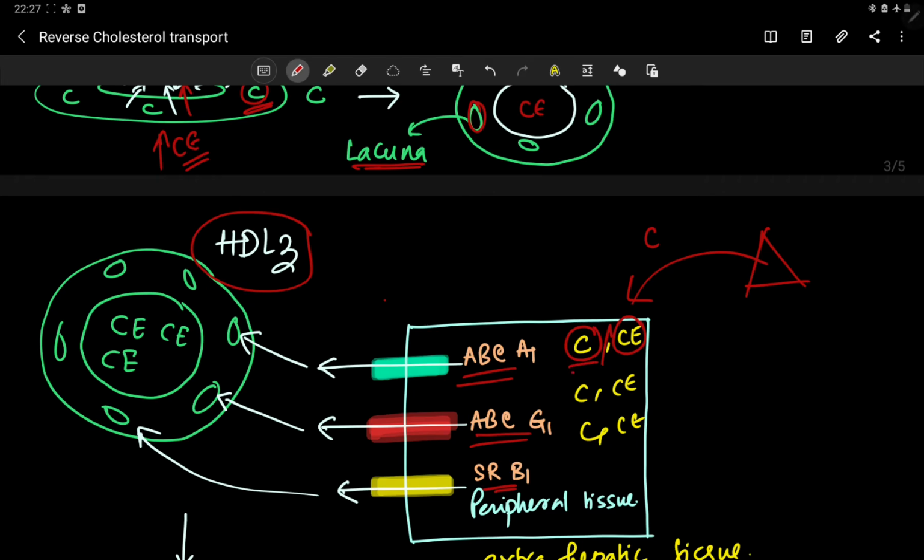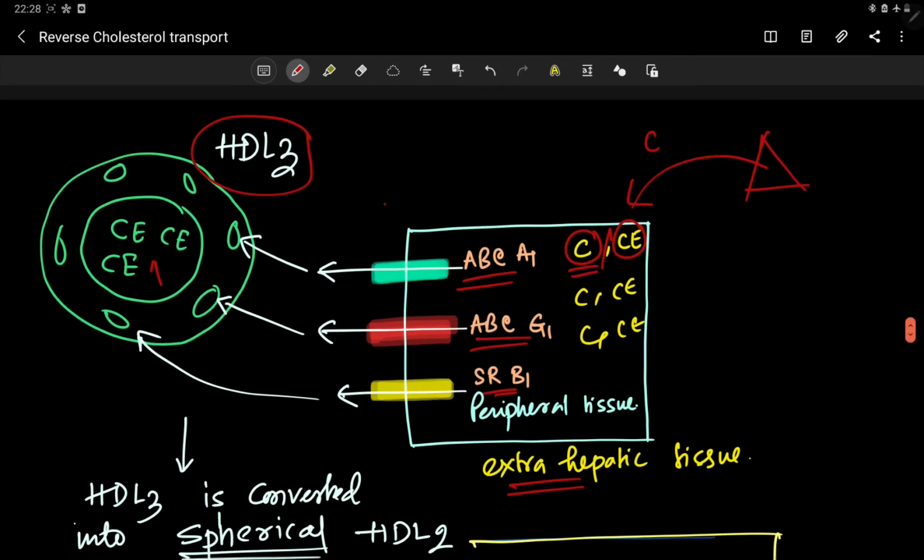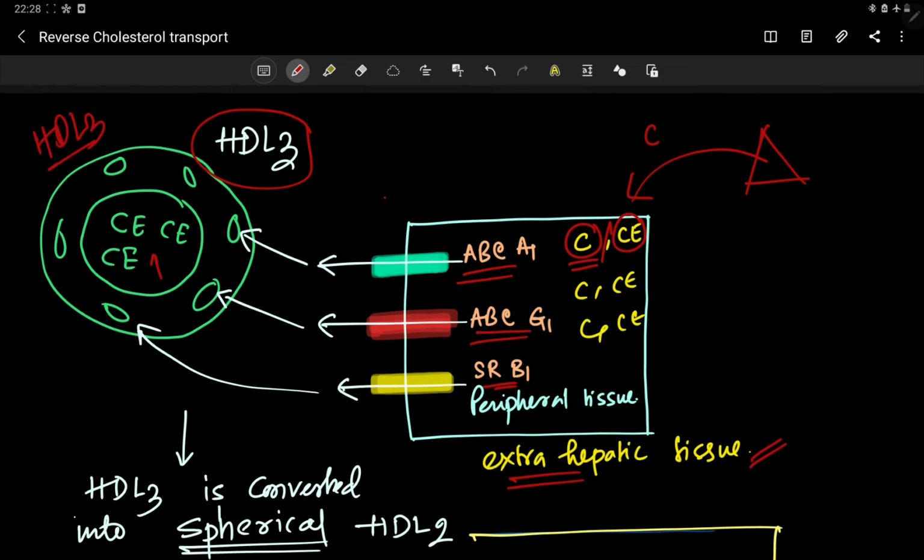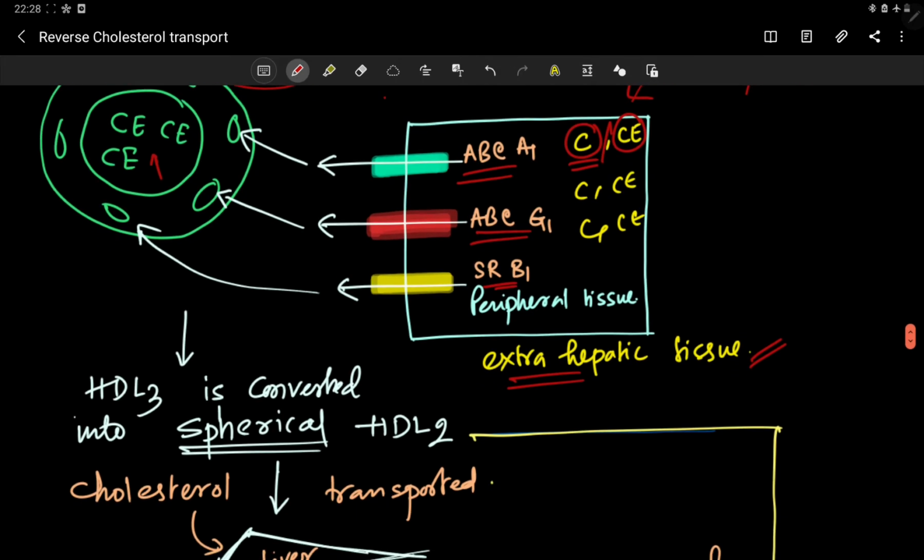If it is cholesterol, then it fills the lacuna, and if it is cholesterol ester, then it is stored within the core. So that's how cholesterol is mobilized from extrahepatic tissue to high density lipoprotein 3. And now your HDL3 is converted into your spherical HDL2, high density lipoprotein 2.